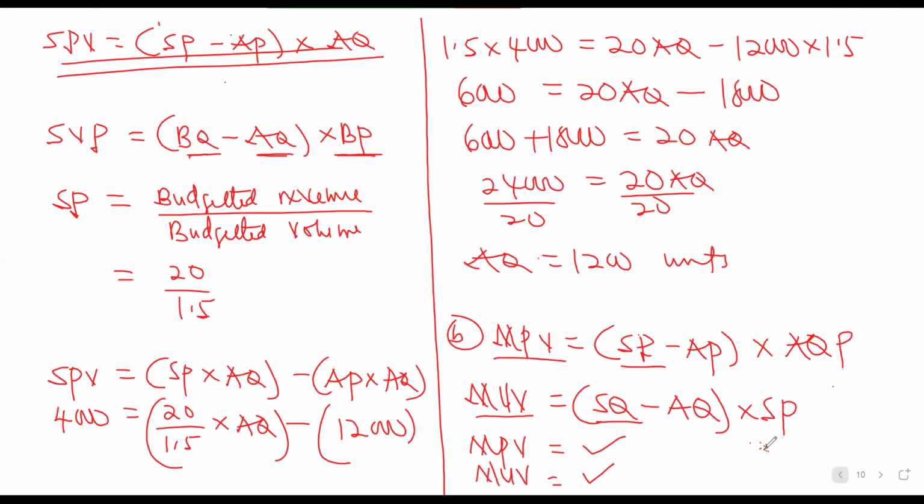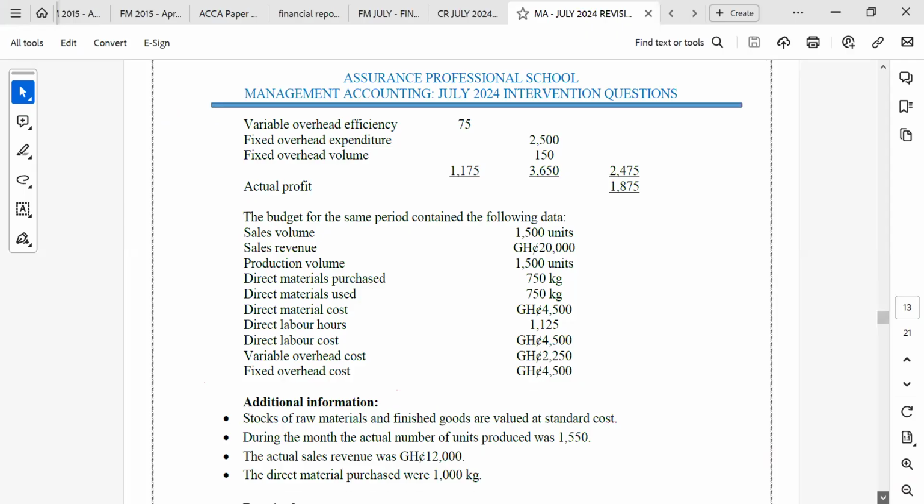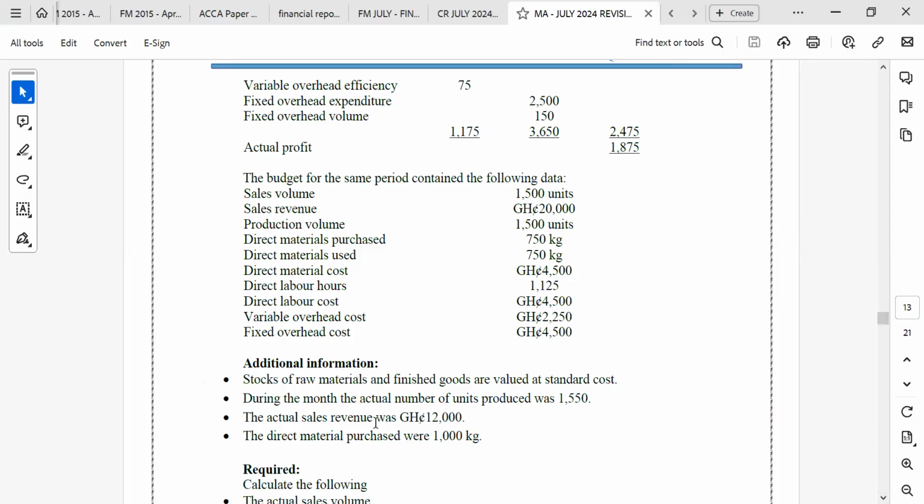But can we calculate the actual price in the question given to us? Material purchase is not given. Are you given the actual cost of material in this question?